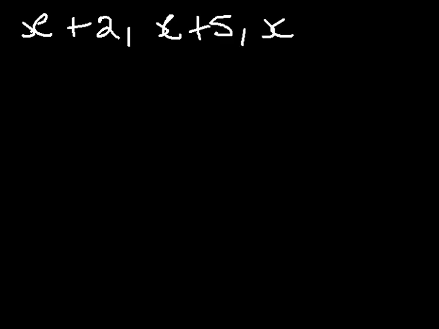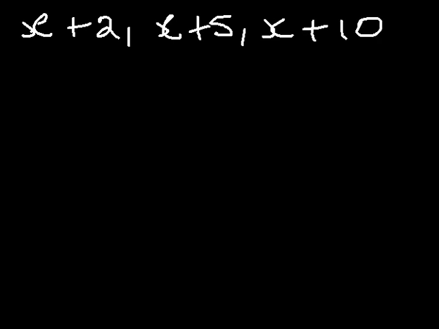So now let's say we have this as another case, assuming that we have a typical geometric progression series given as, let's say, x plus 2, comma, x plus 5, comma, x plus 10.